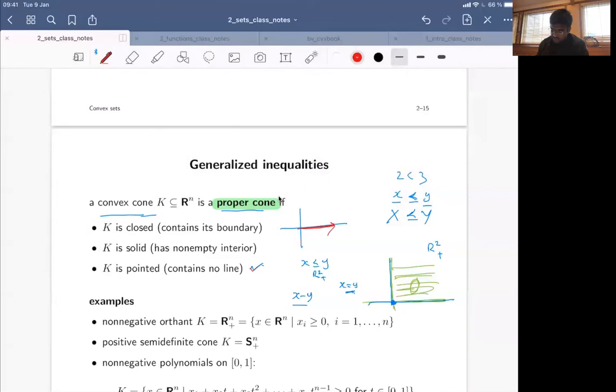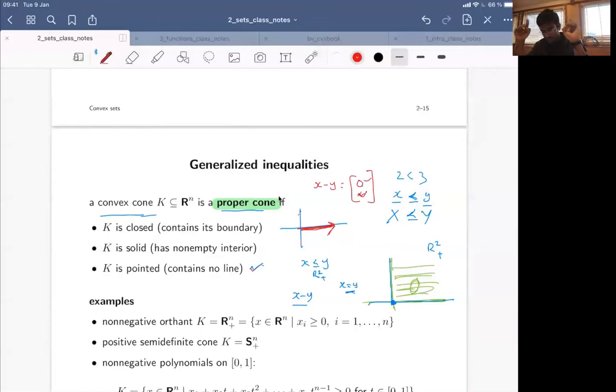You can verify that in R2 you can only compare two vectors: when you take x minus y, the first element has to be 0 because this has 0 y coordinate, and only one element remains. So if you define an inequality with respect to this cone, it is useless for one coordinate. You can only compare two vectors which have equal first coordinate.